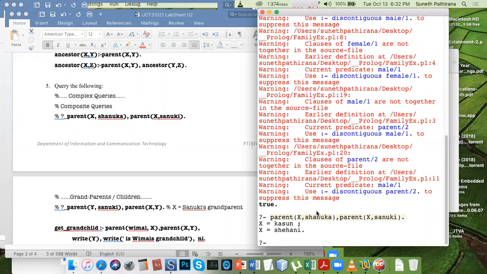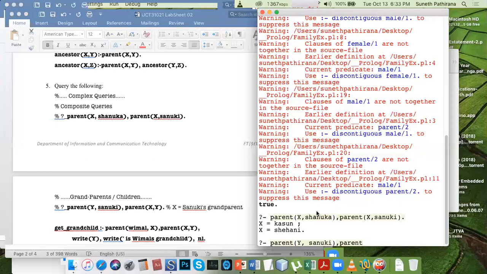Okay, I am asking another question. Parent, this time I take Y. Sanuki. That means Y is going to be a parent to Sanuki.